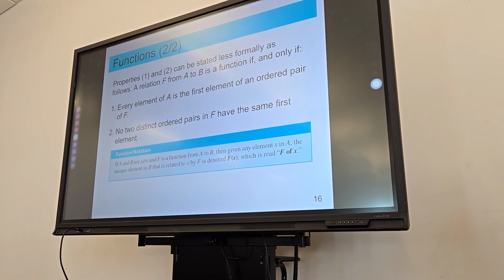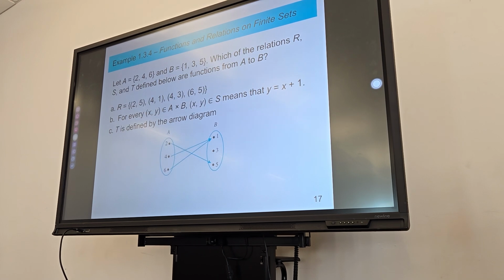For every element of A, it is the first element of an ordered pair of F, and no two distinct ordered pairs of F have the same first element. Okay? And it's denoted by F(X), read F of X, as a function. Now let A equal 2, 4, and 6, and B equal 1, 3, and 5.